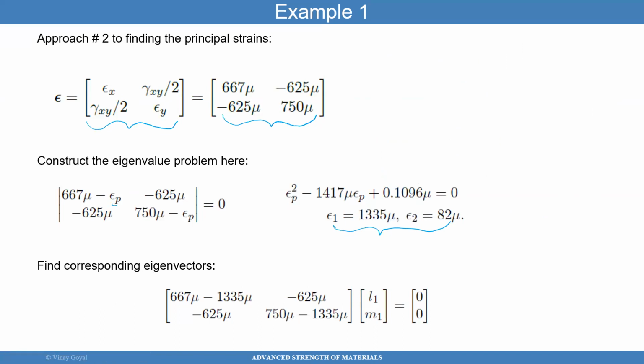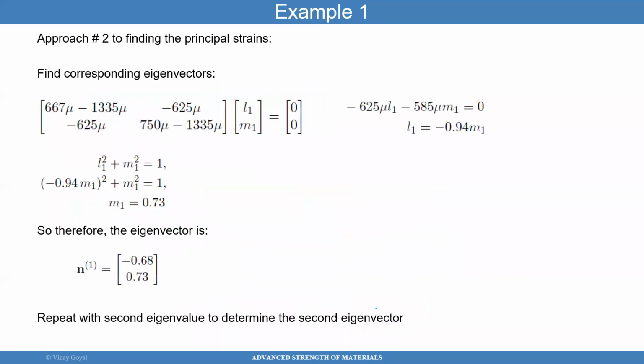We can also find the corresponding eigenvectors. All you have to do for that is substitute one of these into this. And I did it here at the bottom. And I don't know what the normal vector is yet. But what I can do is write my two equations here, as you can see. I'll choose one of them because they're not independent of each other.